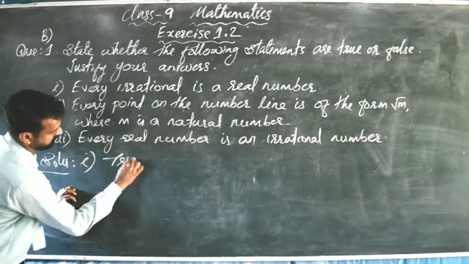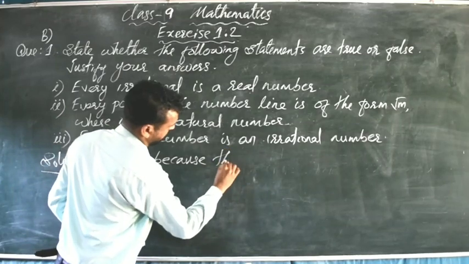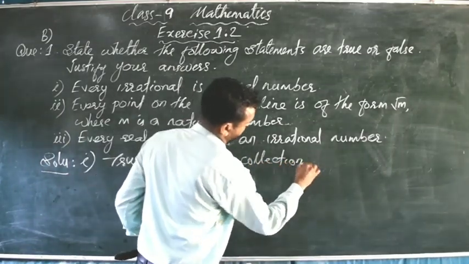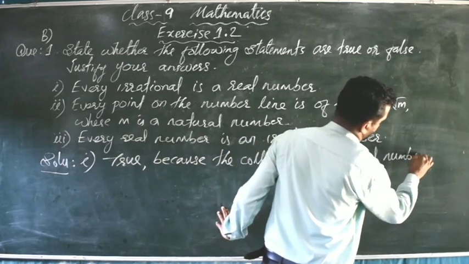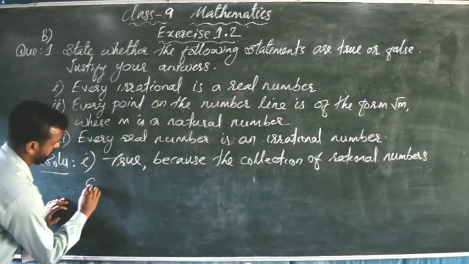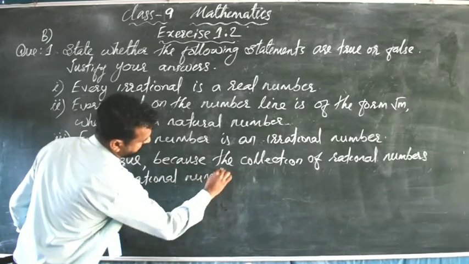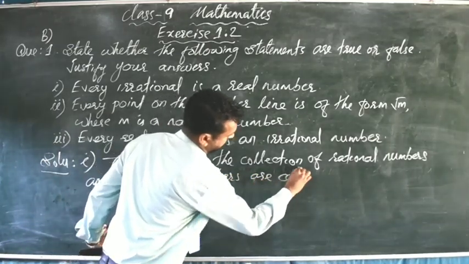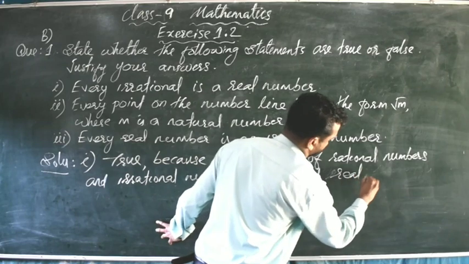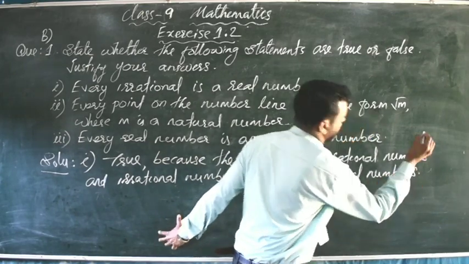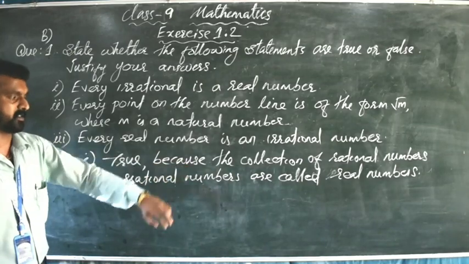So we can write the answer: true, because the collection of rational numbers and irrational numbers is called real numbers.